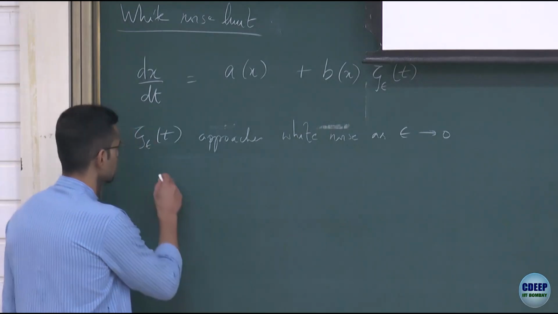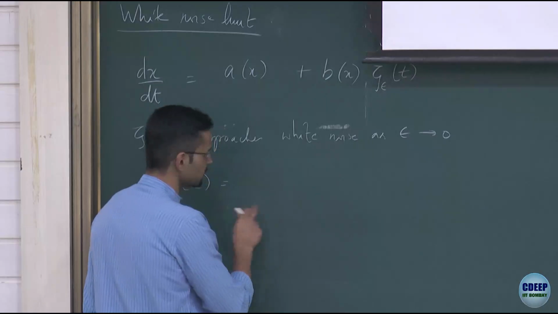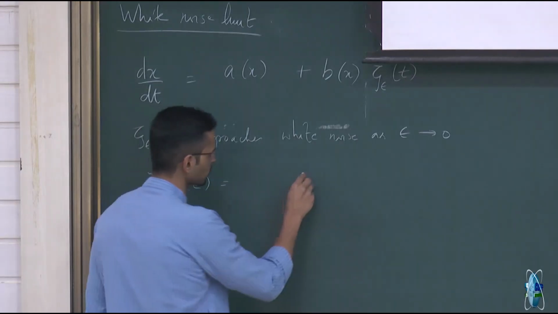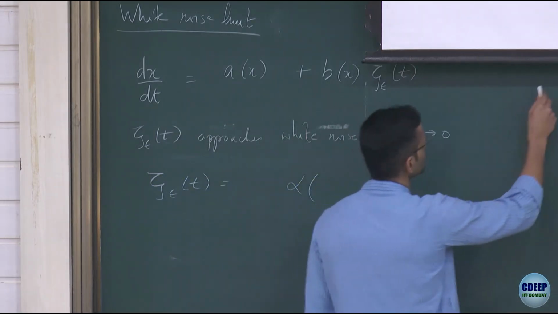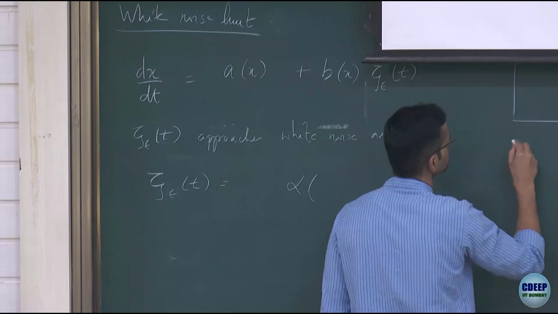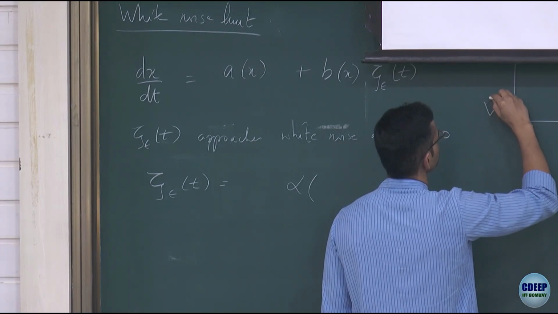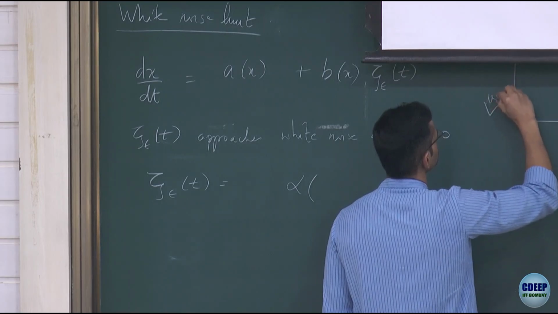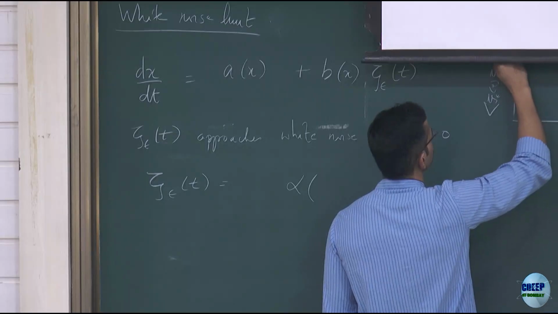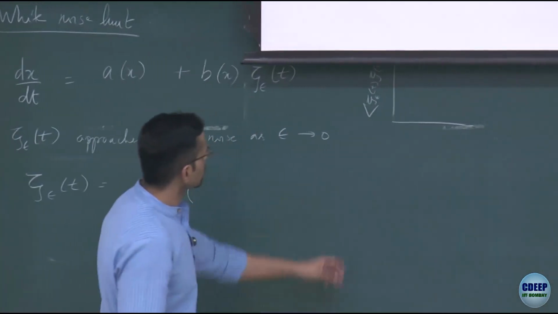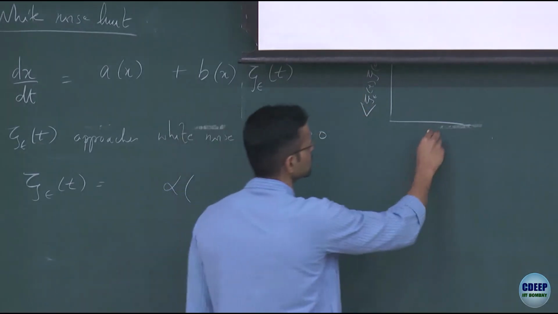So what we will do is say that zeta of epsilon of t is directly related to some well-behaved stochastic process, which I'm going to call alpha. Okay, so if I look at the correlation function, I'm looking at zeta of t, zeta of 0, the correlation function at different times.